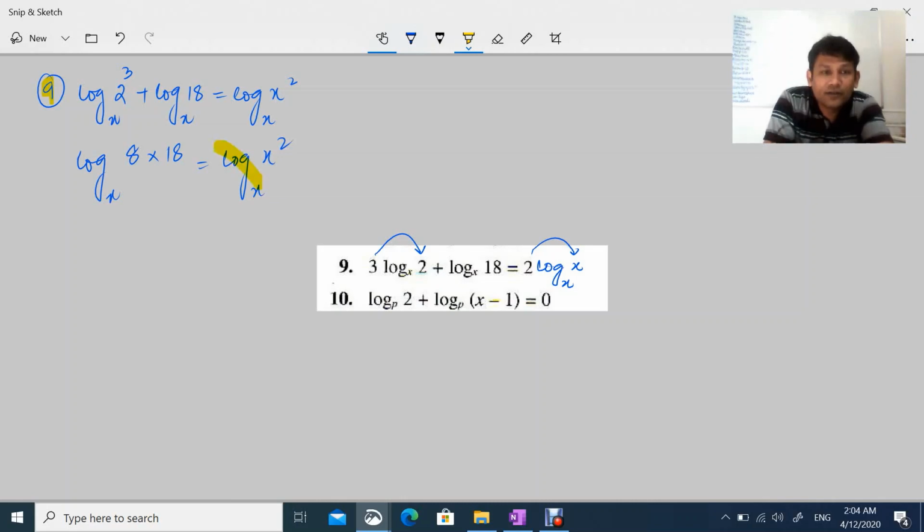By this way this is cancelled out and you can simplify with 18 and this 2 and you can get the answer. Okay, question number 10.